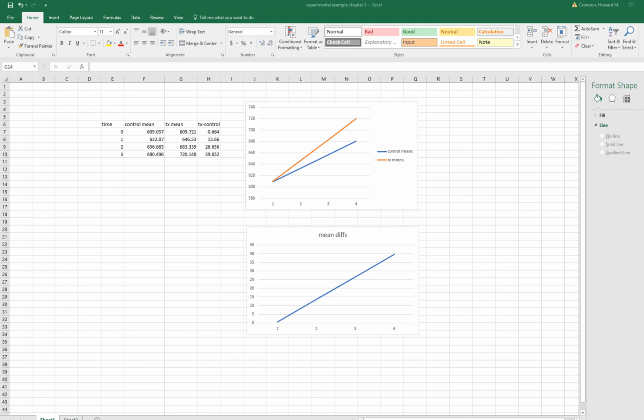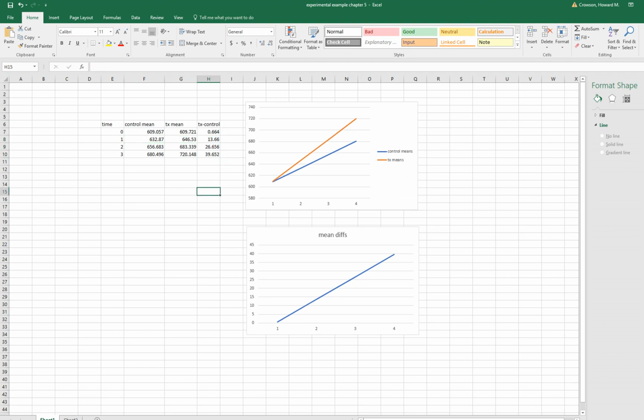What I've done is I've just gone ahead and created a table reflecting the means for the control group and the treatment group at each of the time points, and then the differences in means that are reflected right here. So this is essentially a plot of the predicted means in the control condition and the treatment groups at each of those time points. And then, like I said, this is the difference.